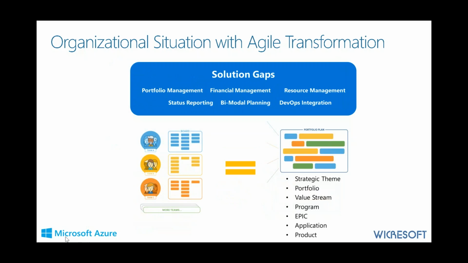So the solution gaps that I've stated is really what we're trying to address for the organization. And really, it's also about all of the different perspectives that portfolio means, because portfolio can mean something to a product owner as well as a Scrum Master or Scrums, depending on where you are in that delivery hierarchy.